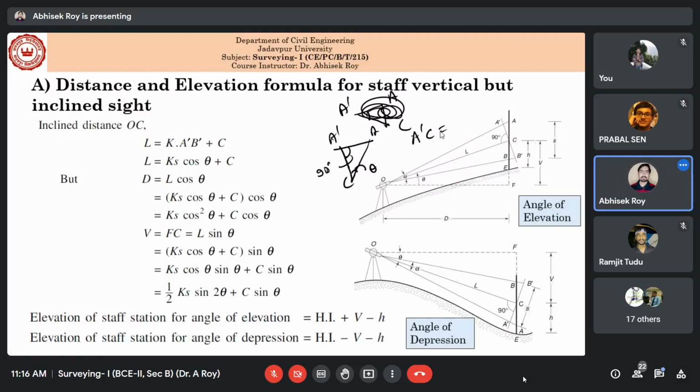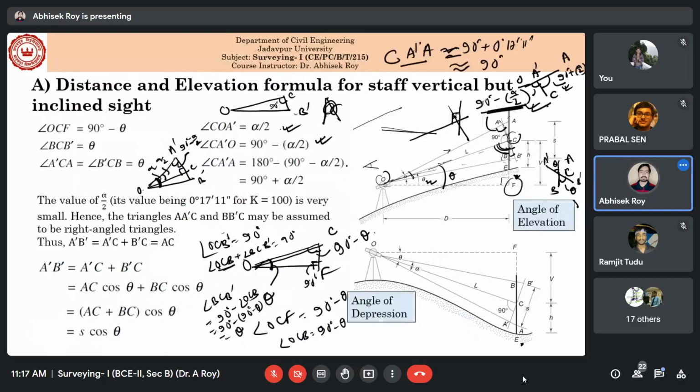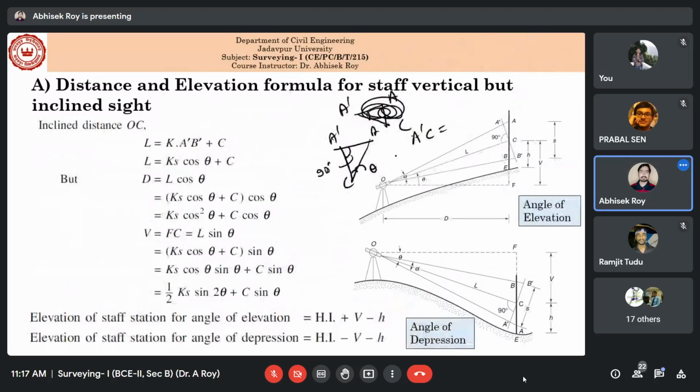That will be how much? If you know the value of AC, you can easily calculate. Because for this theta, if you take the cos theta from this triangle, for your better understanding, I am drawing like this.